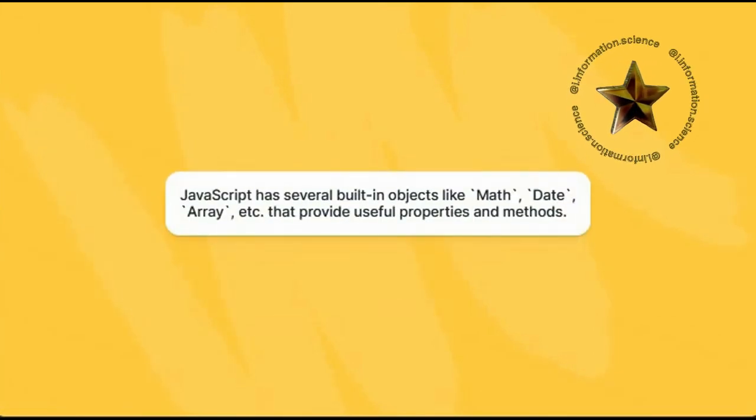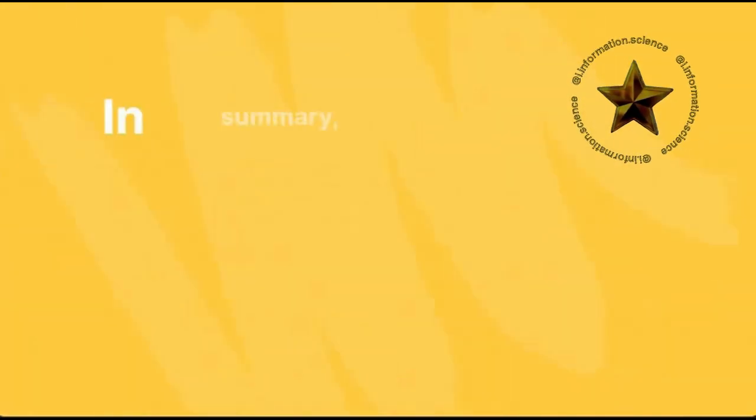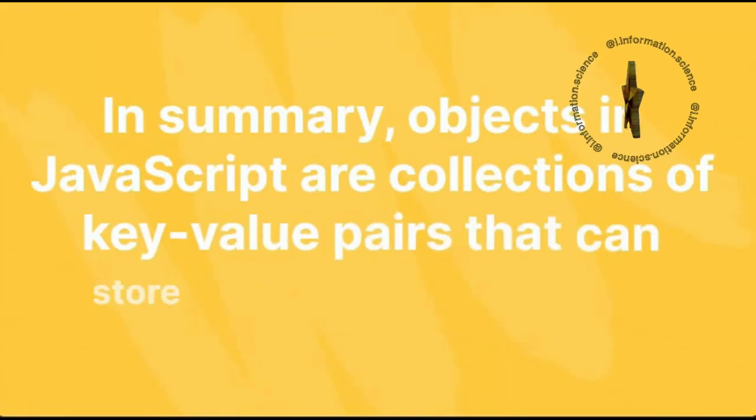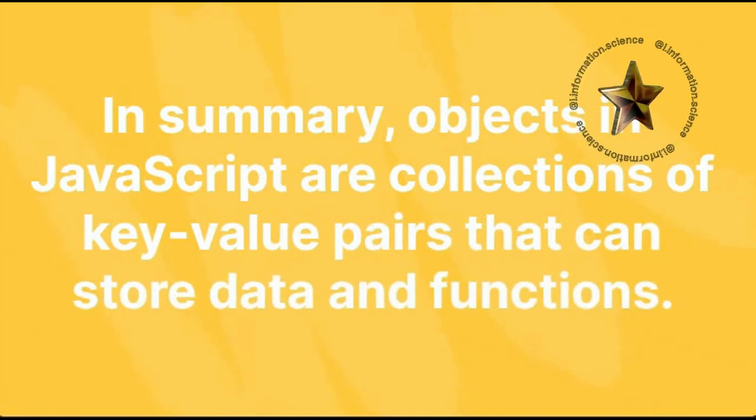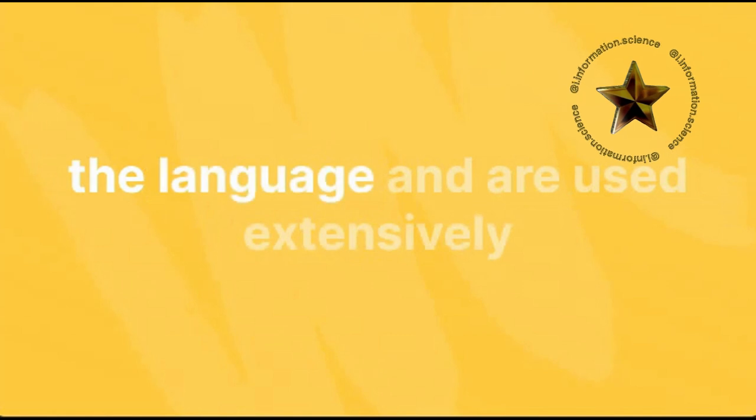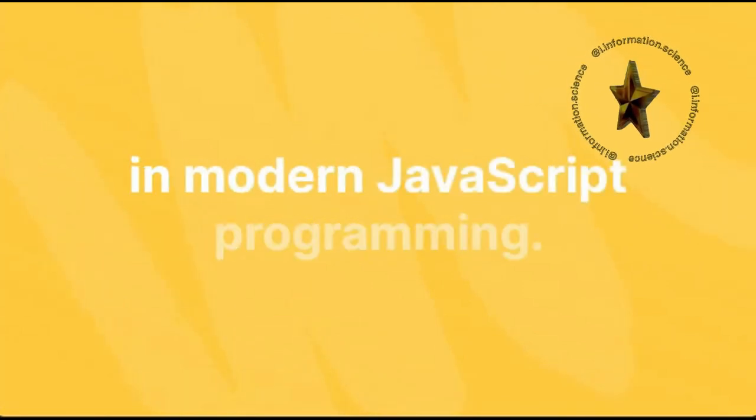JavaScript has several built-in objects like Math, Date, Array, etc. that provide useful properties and methods. In summary, objects in JavaScript are collections of key-value pairs that can store data and functions. They are a fundamental part of the language and are used extensively in modern JavaScript programming.